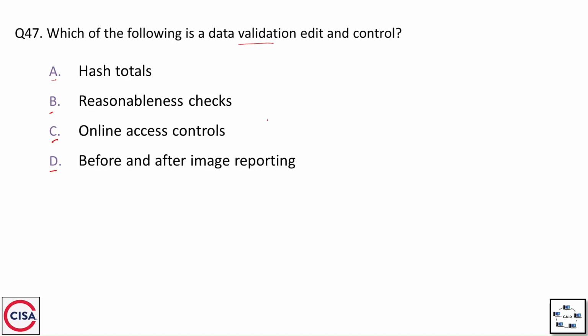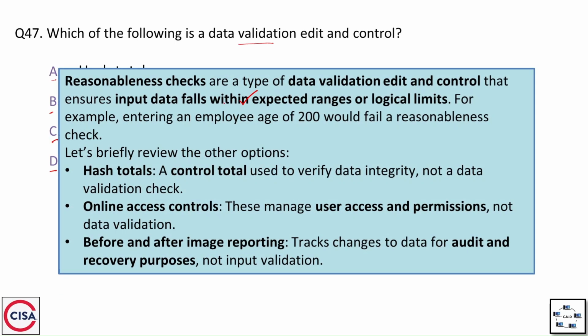And the correct option is option B, reasonableness checks. So, reasonableness checks are a type of data validation, edit, and control that ensures input data falls within expected ranges or logical limits. For example, entering an employee age of 200 would fail a reasonableness check.